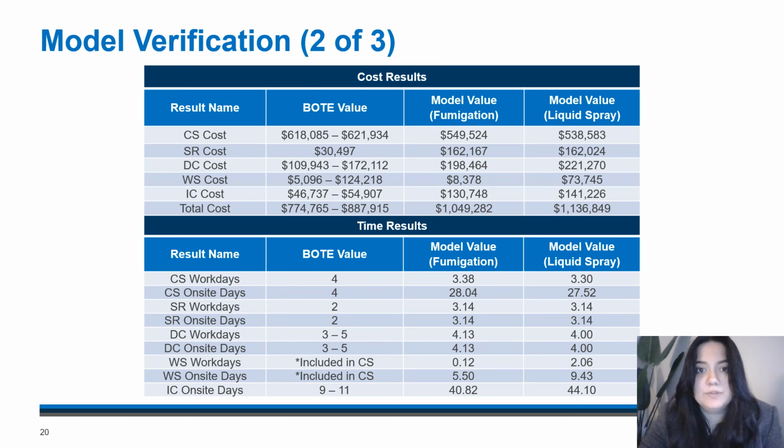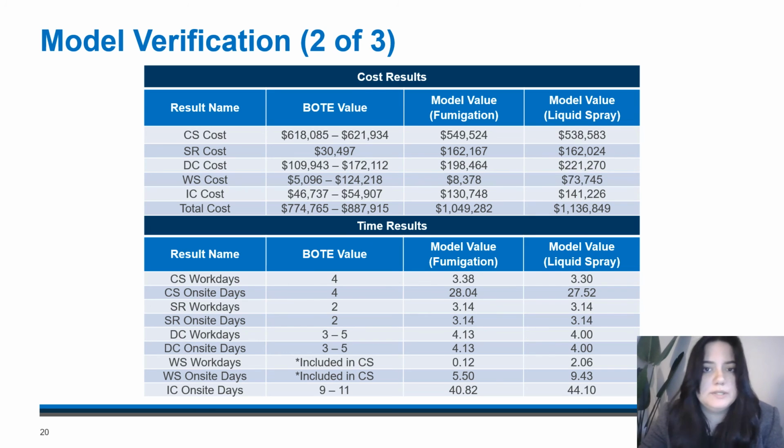Additionally, for these runs, at the time that the validation study was completed, clearance sampling and characterization sampling were both included within one element in the model, within characterization sampling. However, the current model has those two elements split out individually. But the results here are the averages for 10,000 realizations.